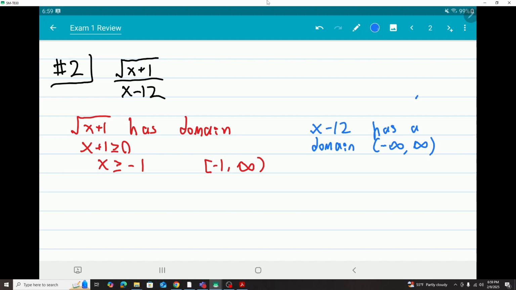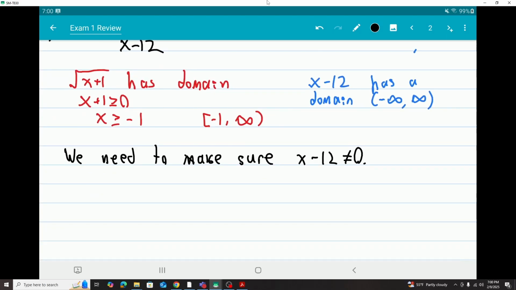But we need to make sure that x minus 12, the denominator, is not 0. So I check the domain of the numerator and denominator individually. And now I'm just making sure the denominator is also not 0.